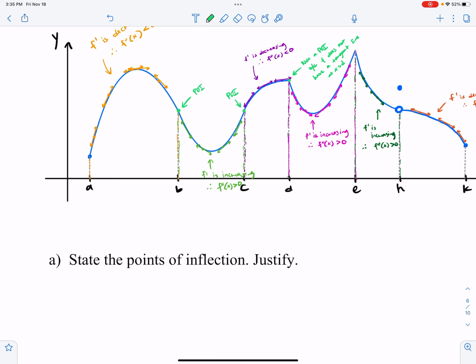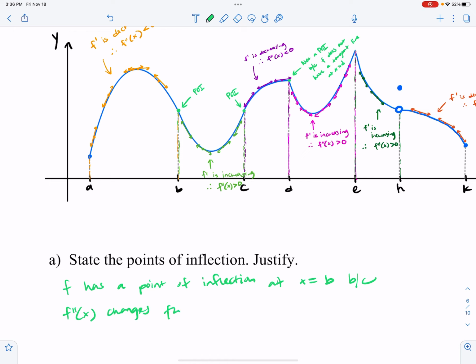So we can say that f has a point of inflection at x equals b because f double prime changes from negative to positive at x equals b.